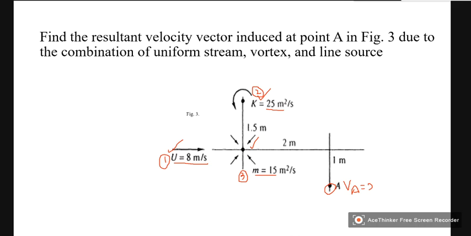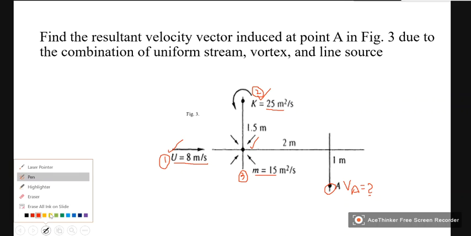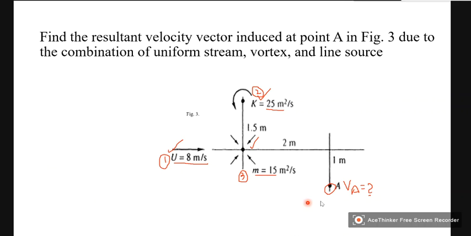What is the velocity here? So how to calculate this? We must know the velocity at A. Velocity at A is the vectorial sum of the velocities due to these three contributing flow cases.